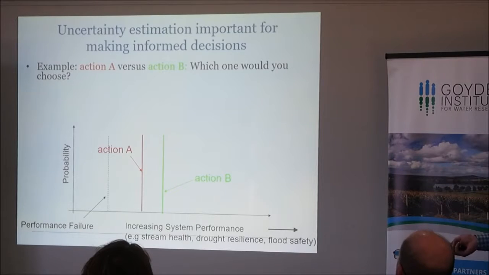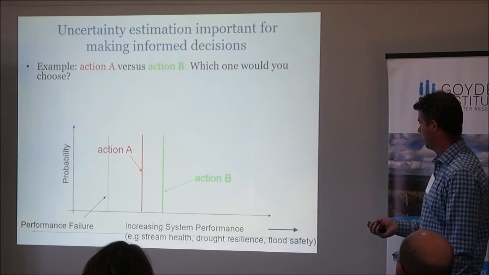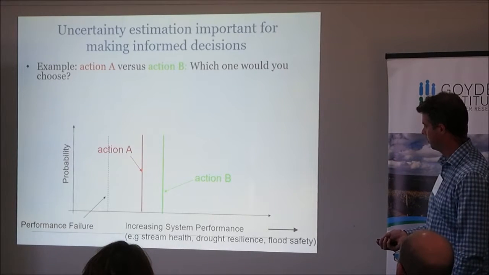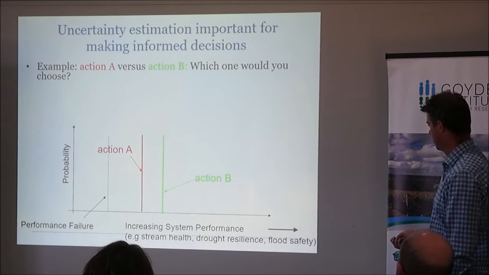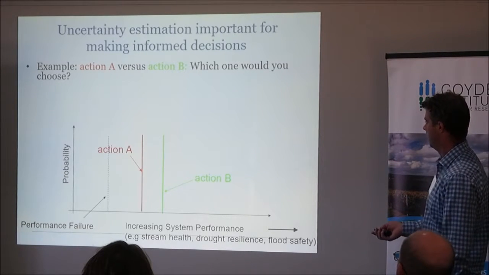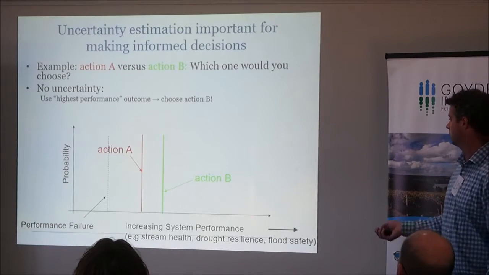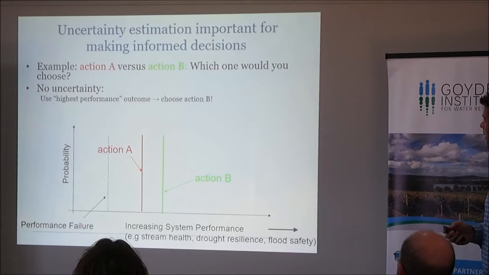To really highlight the point here, we've got 2 scenarios we're trying to compare, action A or action B. We're really trying to avoid something bad happening, and this is something getting better. So if you look at it just like that, without considering the uncertainty, you might say, well, we'll take B, that one's obviously better.